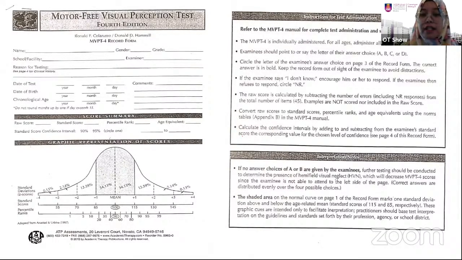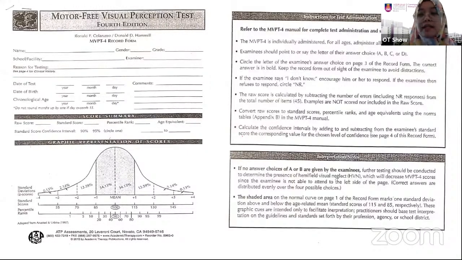The shaded area on the normal curve on page 1 of the record form marks one standard deviation above and below the age related mean. These graphic cues are intended only to facilitate interpretation.